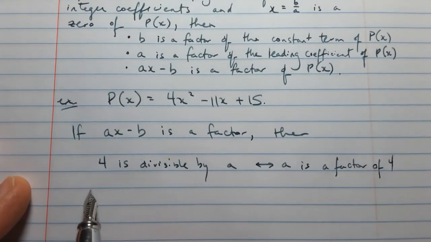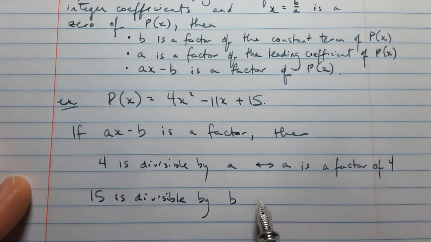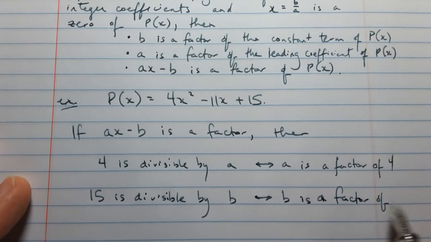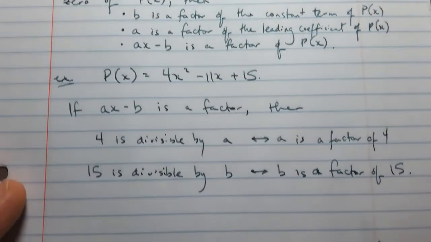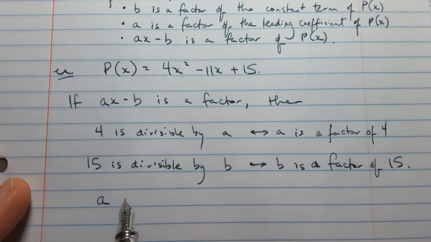And also we know that 15 is divisible by b. And that's the same as saying b is a factor of 15. So that means that a could be, it only could be.